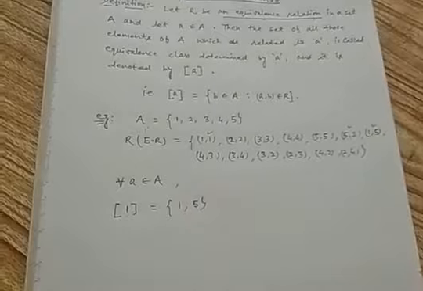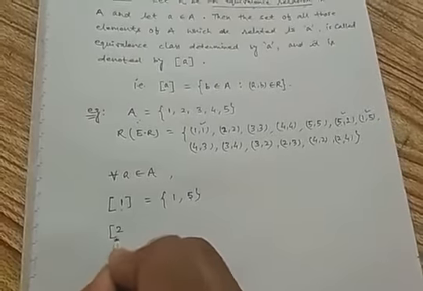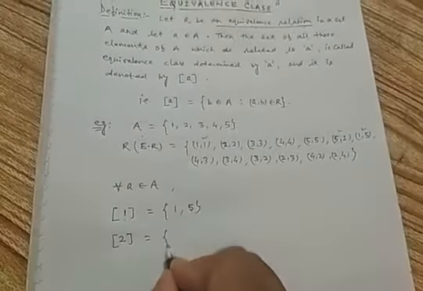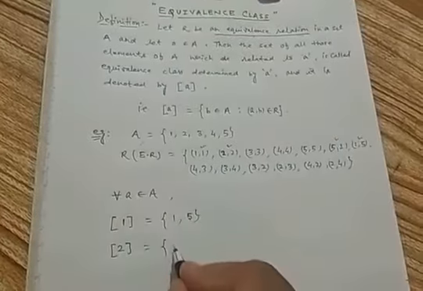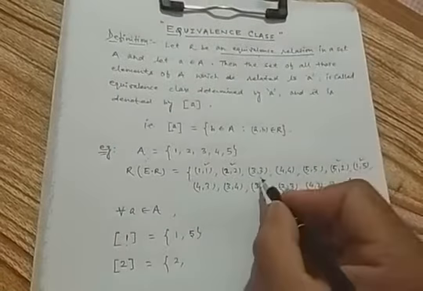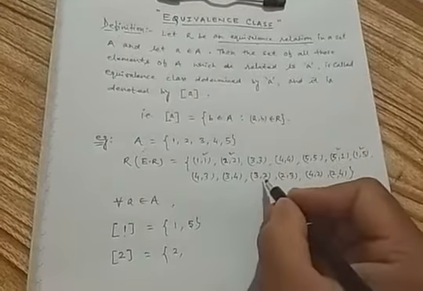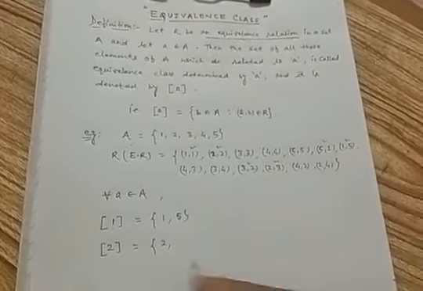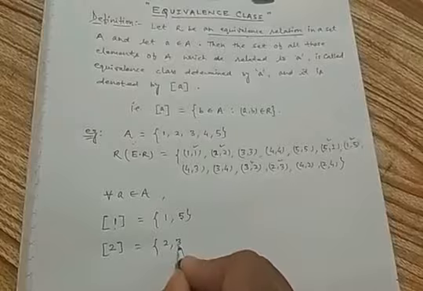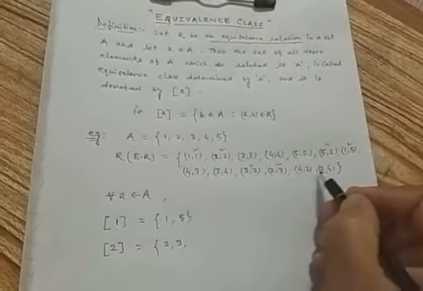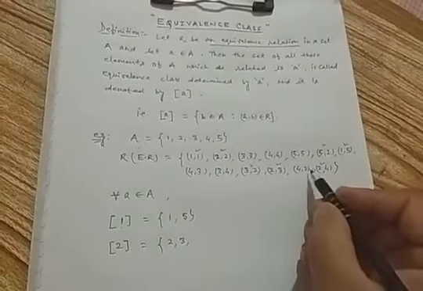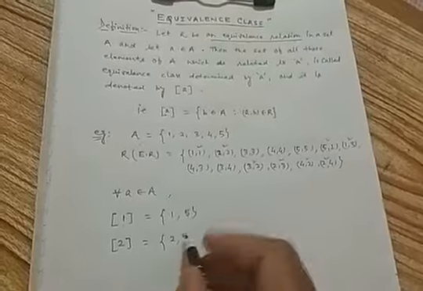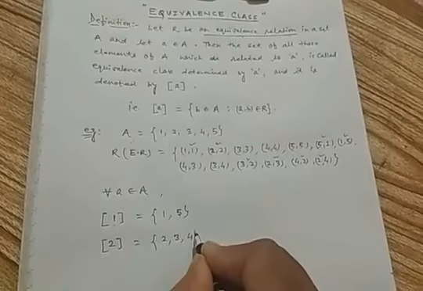Now the equivalence class of 2: 2 is related to 2, so 2 is in it; 2 is related to 3 and 3 is related to 2, so 3 is in it; and 2 is related to 4 and 4 is related to 2, so 4 is in it.